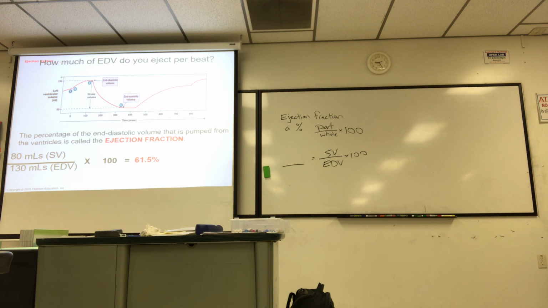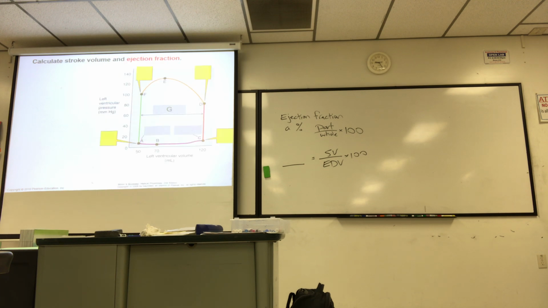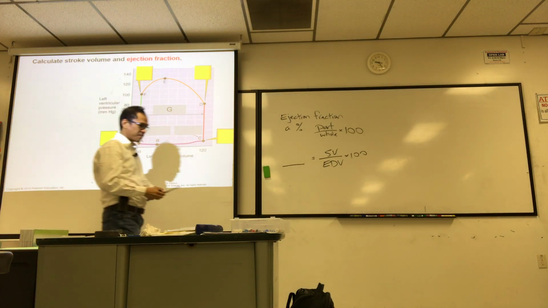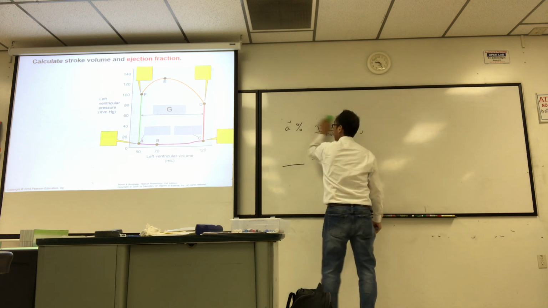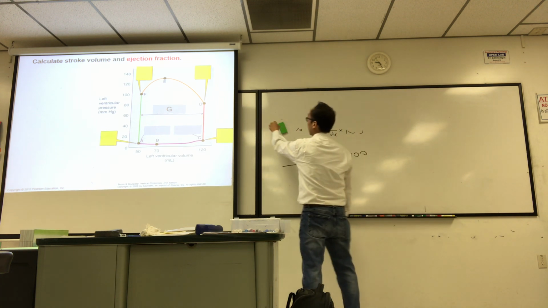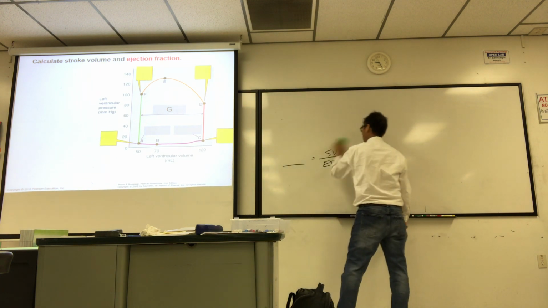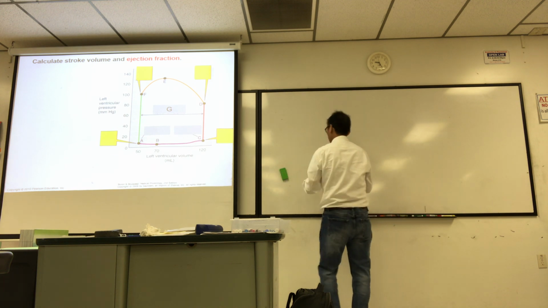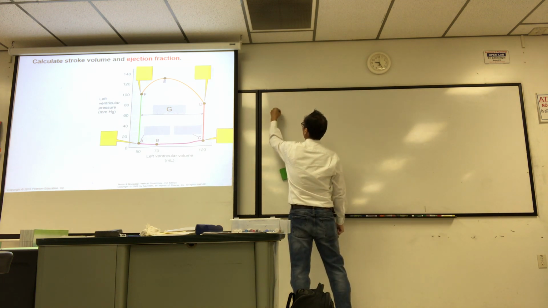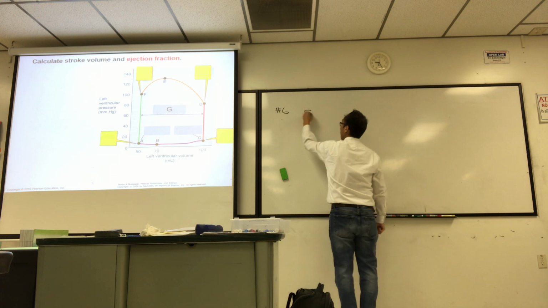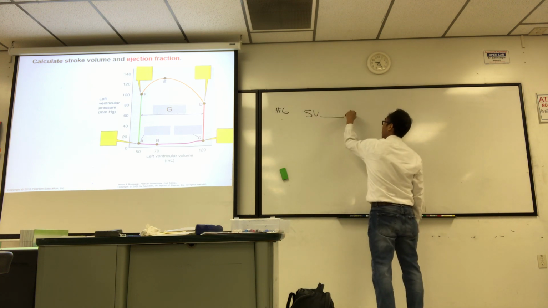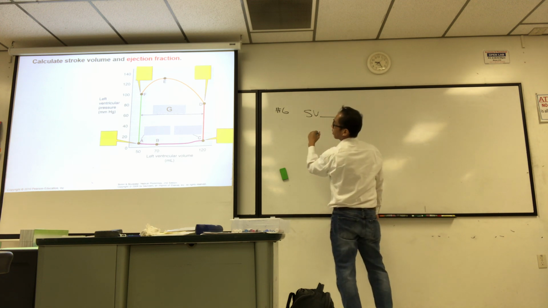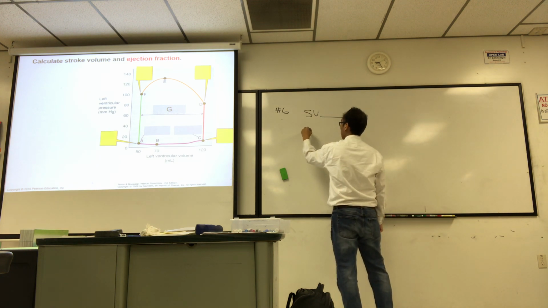Or let's do it this way. Okay, what are we on the half sheet? Are we on 5 or 6? 6. Okay, 6. I want to see stroke volume and ejection fraction. Go. For SV, we'll go with units of mLs. For ejection fraction, it's percent.